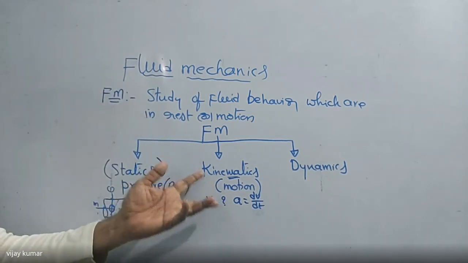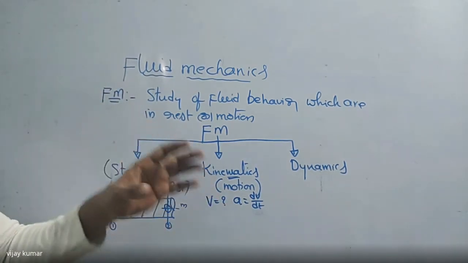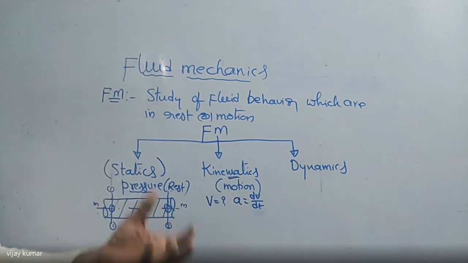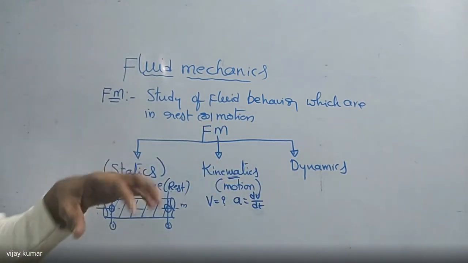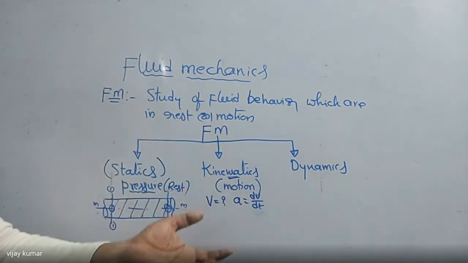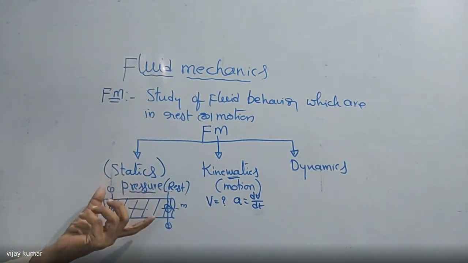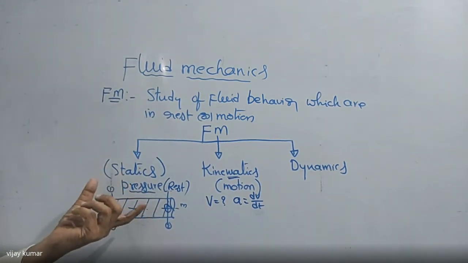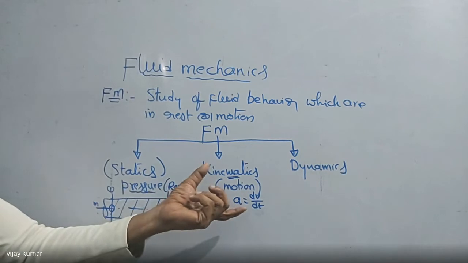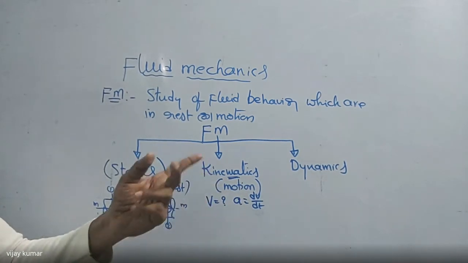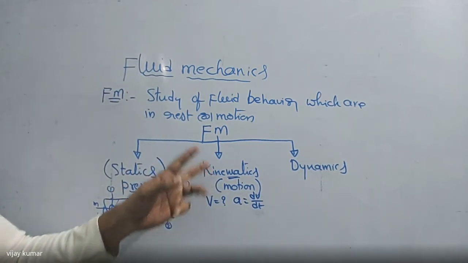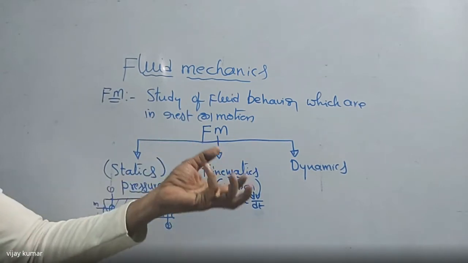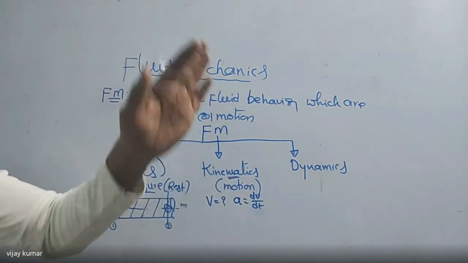The fluid is in motion only by the application of some external force. If there is no external force, the fluid is under static condition. When the fluid is under motion, there are two points. One is due to the gravity force, the fluid automatically flows from high pressure to low pressure.